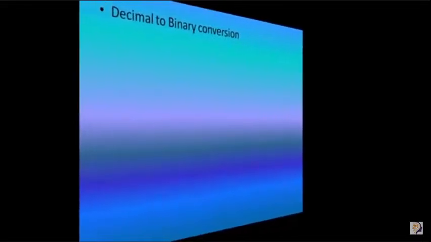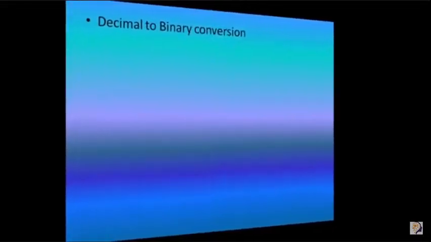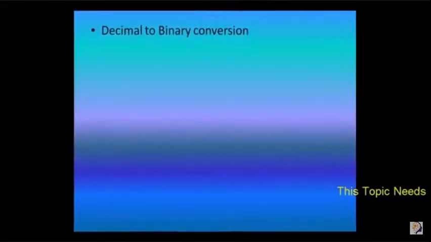Now, before proceeding, you must be familiar with how we can convert decimal to binary and binary to decimal. If you don't have thorough knowledge of this conversion, it becomes difficult for you when we go to the advanced topics of subnetting, VLSM or CIDR.